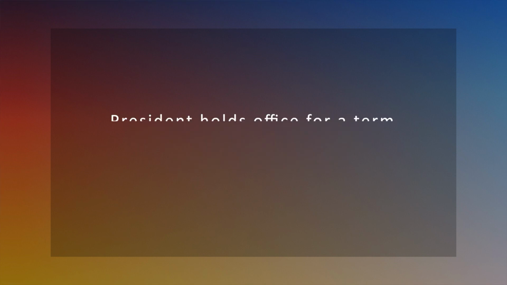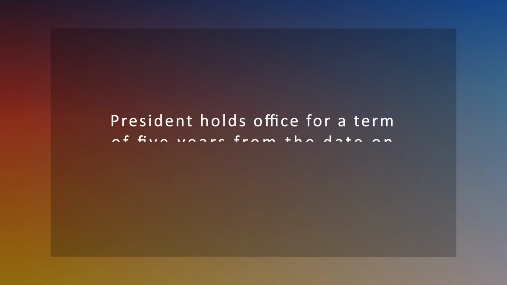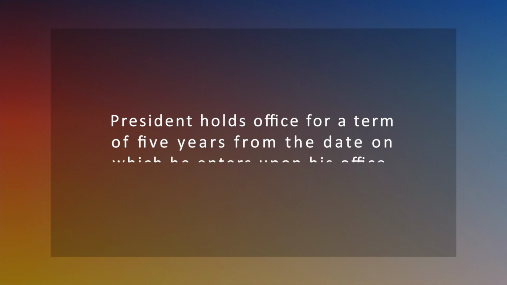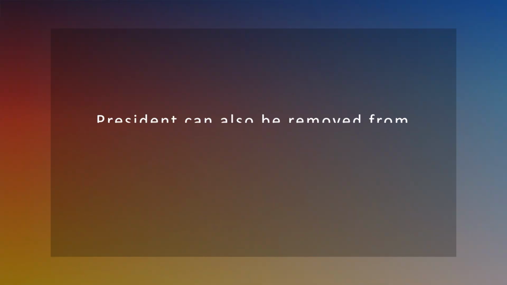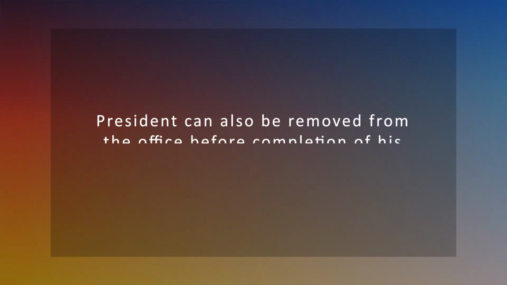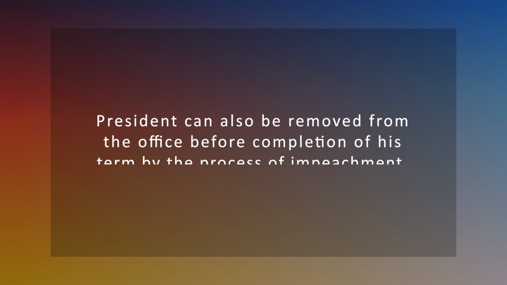The President holds office for a term of 5 years from the date on which he enters upon his office. However, he can resign from his office at any time by addressing the resignation letter to the Vice President. Further, he can also be removed from the office before completion of his term by the process of impeachment.